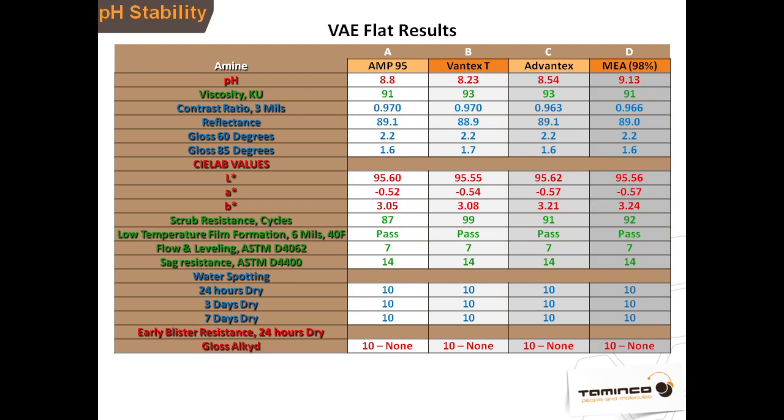Water spotting and blister resistance and scrub resistance, low temperature film formation, etc., color change, all very good in all 4 cases. So if you were to come across a situation like this where you were looking into changing additives and you ran 4 side-by-side comparisons with a pound-for-pound replacement of new additives for the old additive, and you found 4 paints that performed identically, you're in a pretty good position to move on.